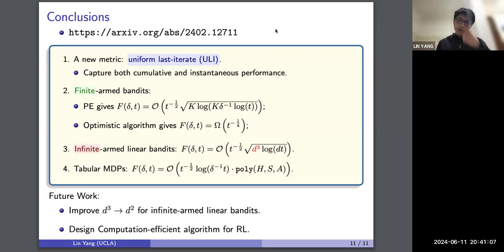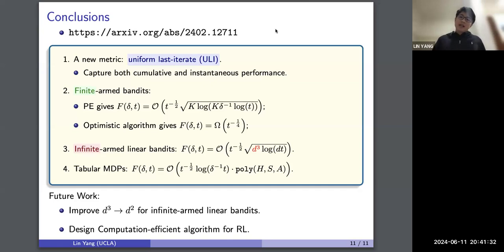We show that for finite-armed bandit settings, the phase elimination type algorithms achieve the URI guarantee with a near optimal bound. Unfortunately, this is not the case for optimism-based algorithms. For instance, for UCB we show a lower bound that does not achieve the near optimal URI guarantee.